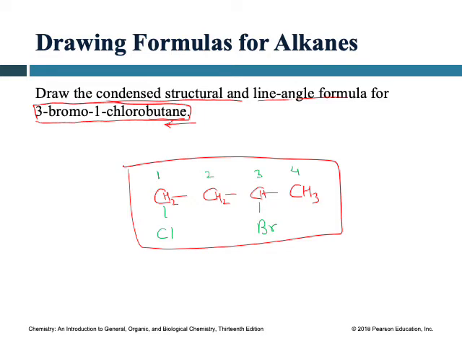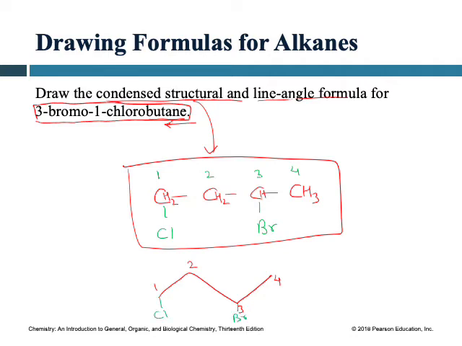So this is your condensed structural formula. Now we have to draw the line angle formula. So again, parent chain, 1, 2, 3, 4. Right. On the first carbon we have chlorine, on the third carbon we have bromine.